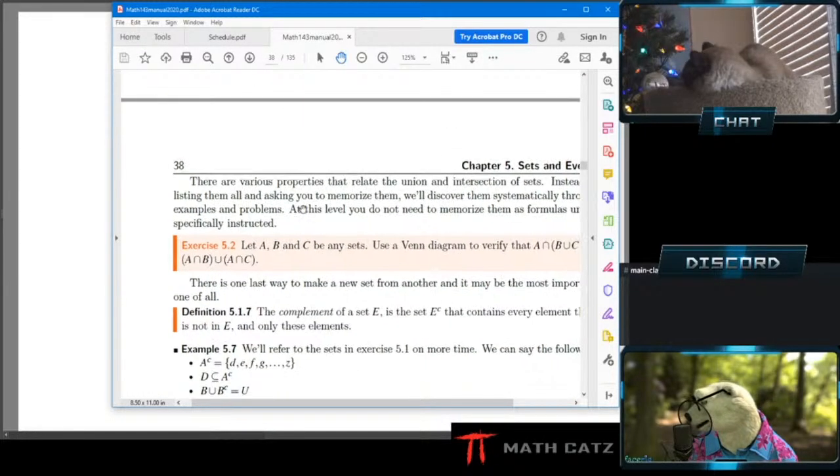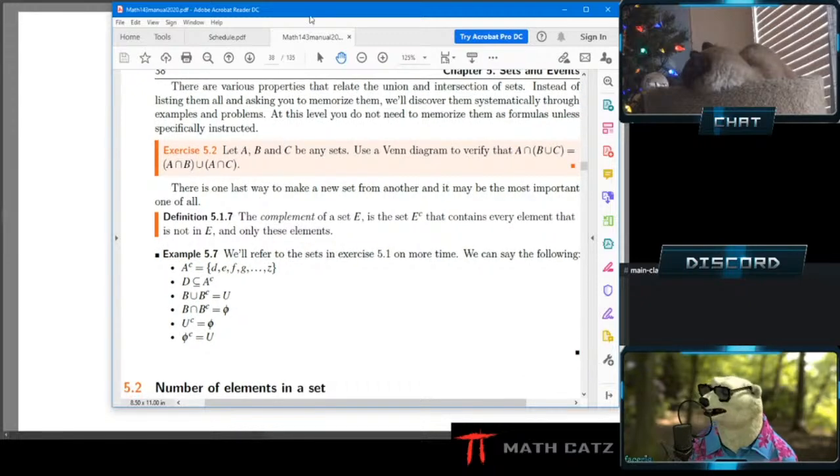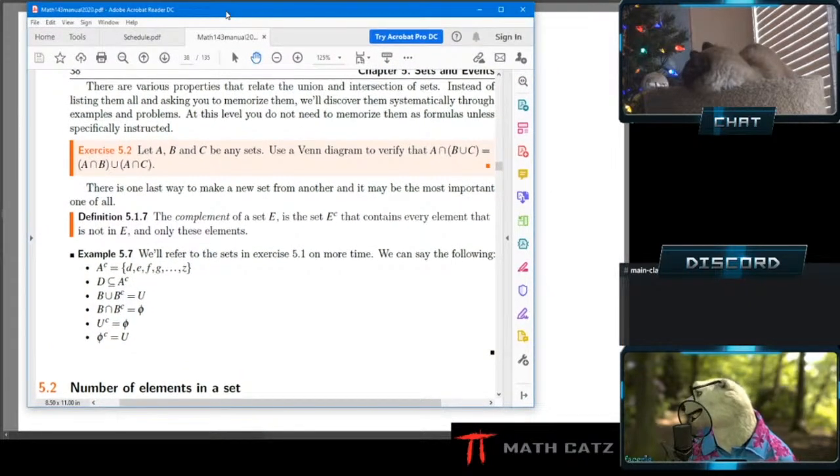And we looked at the union and the intersection and practiced that a little bit by way of questions like exercise 5.2, and there are some problems that are very similar, just to see, can we combine these in a more stepwise way and really understand what we're doing.